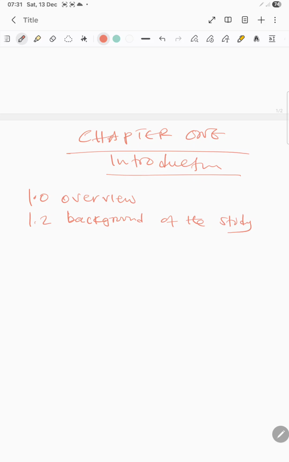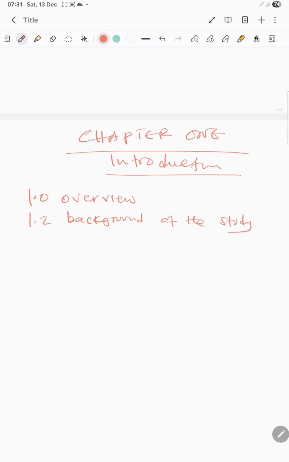So this is where you as a researcher avoid writing the research incognito without acknowledging anyone. So this is where you now bring in issues that other researchers have written based on what you are also writing. So that is what we call the background of the study.